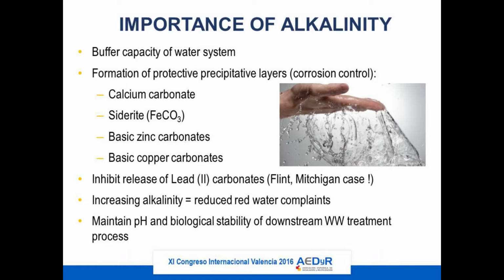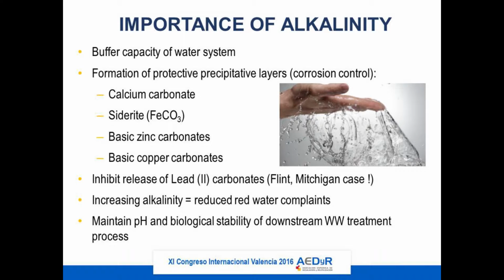So one of the basic factors to be controlled in the water is a buffered capacity, which is more related to alkalinity and to corrosion control properties of the water. We need to balance the water so that it's stable and doesn't fluctuate during distribution within the pipeline. By adding alkalinity and calcium, we try to create layers on the surface of these pipelines.